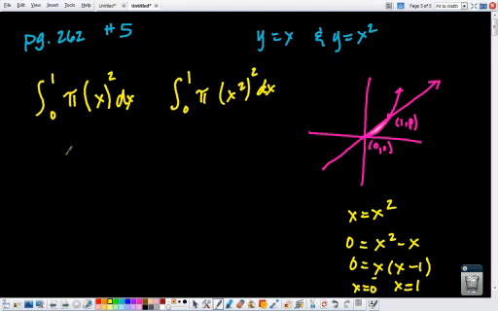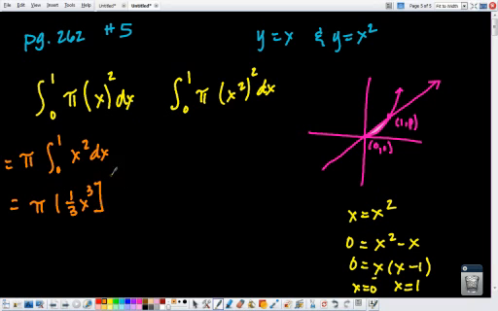So let's go ahead and integrate this. As I told you in class today, we can pull the constant pi out front. So all we're integrating is the x squared because pi is not going to change. So we end up with pi times 1/3 x cubed from 0 to 1.